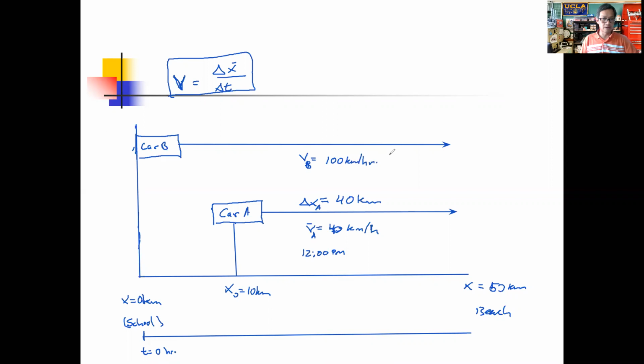Since it starts at the school, it starts at 0, and its total distance covered is going to be 50 kilometers. We were told that it starts out a little bit later, at 12:30 p.m.